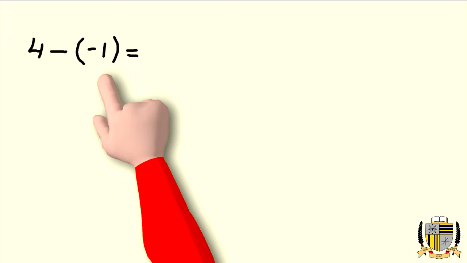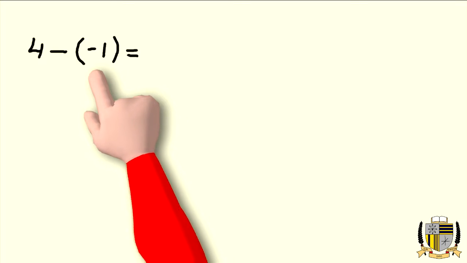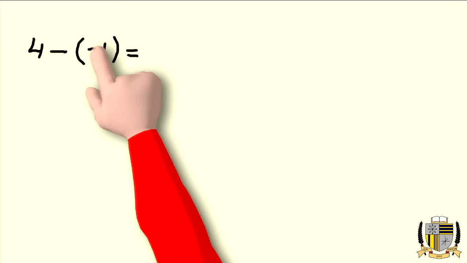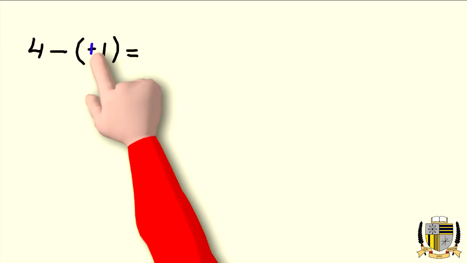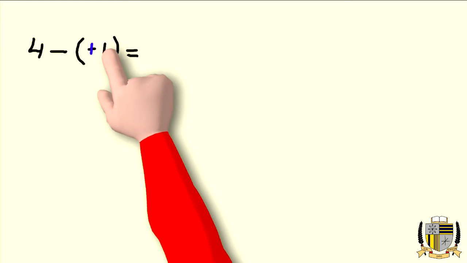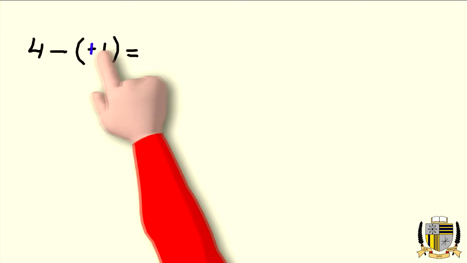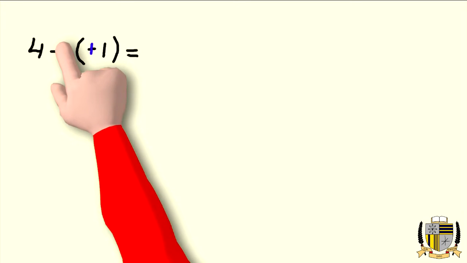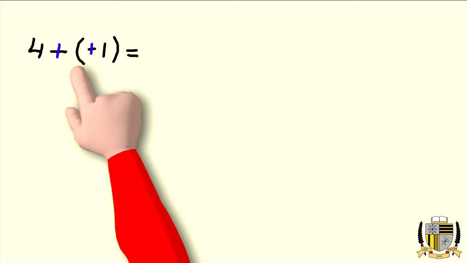So what you're going to do is this. You're going to change the sign of that second number. In this case, it's a negative, and it's going to change to a positive. So it's going to be pretty much a +1 or just a regular 1. And then this sign changes from negative to positive.